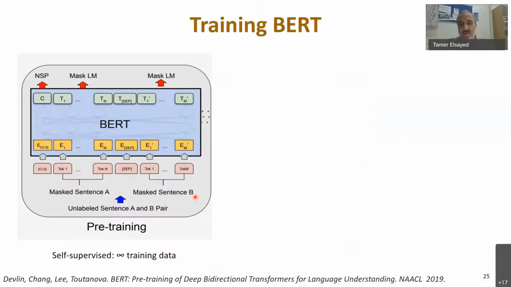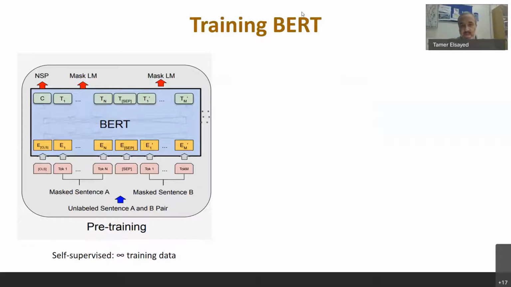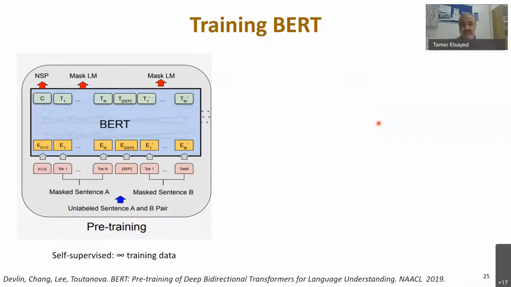Okay, so let's go into the details of BERT. Let's talk about training, how BERT is trained. BERT is trained in two phases, or two steps. The first step is called pre-training, and the second step is called fine-tuning.